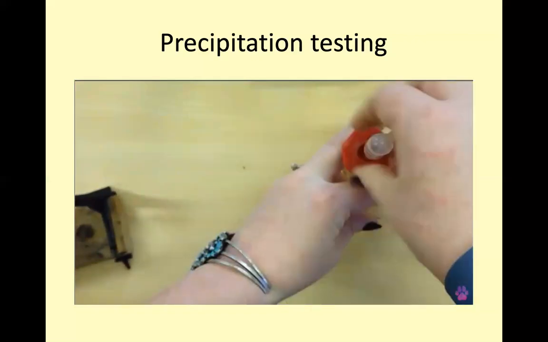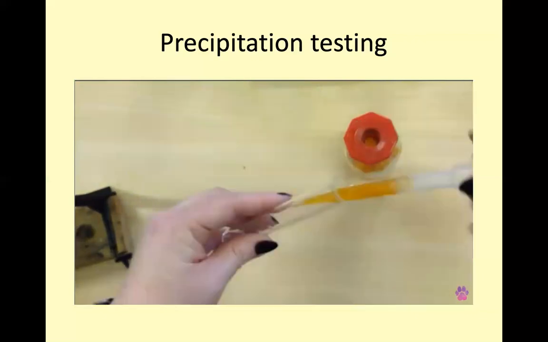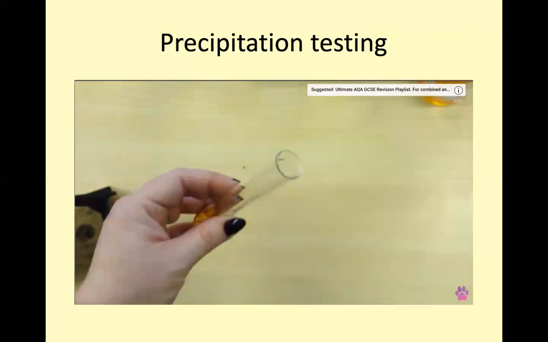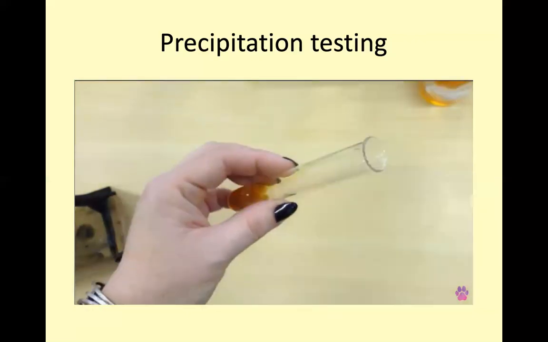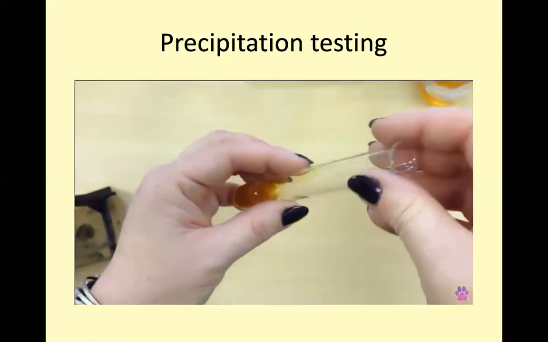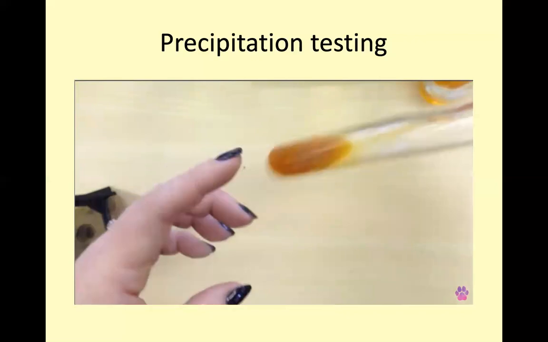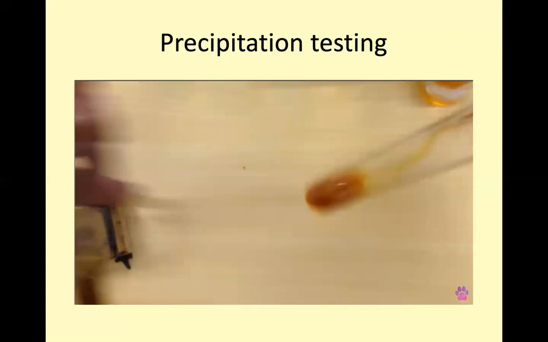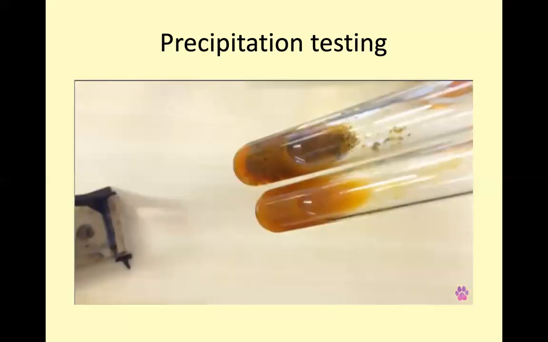Oops, it's a bit stiff to get out. There we go. So iron 3 solution starts off looking very similar and a very touch confusing with iron 2 and iron 3. This is something we go into a lot more at A level. So the iron 3 has formed a more rusty browny colour, whereas this colour here is more of a greeny browny colour for iron 2.